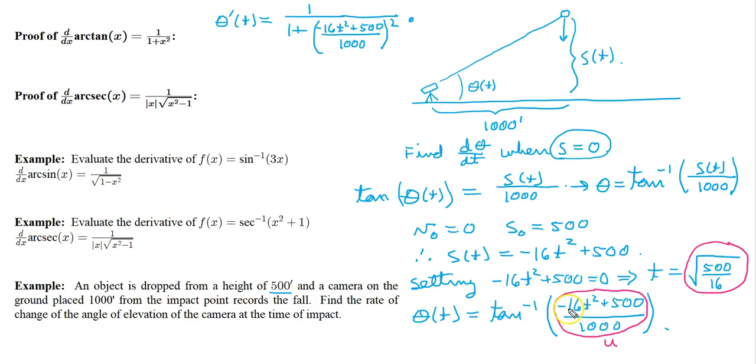So when I differentiate negative 16t squared plus 500 over 1,000 with respect to t, this is what I'm going to get. Now just note that I can write that like this. So when I differentiate this piece, that's going to go to 0. And the derivative of this piece is going to be negative 32t over 1,000.